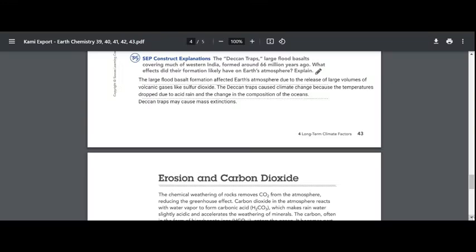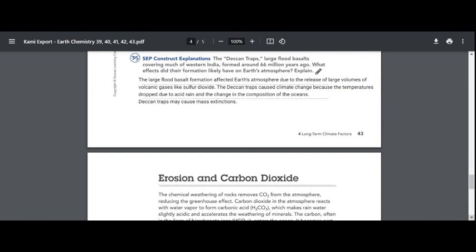So the Deccan Traps, large flood basalts covering much of western India, formed around 66 million years ago. What effects did their formation likely have on Earth's atmosphere? Explain. So the large flood basalt formation affected Earth's atmosphere due to the release of large volumes of volcanic gases like sulfur dioxide.